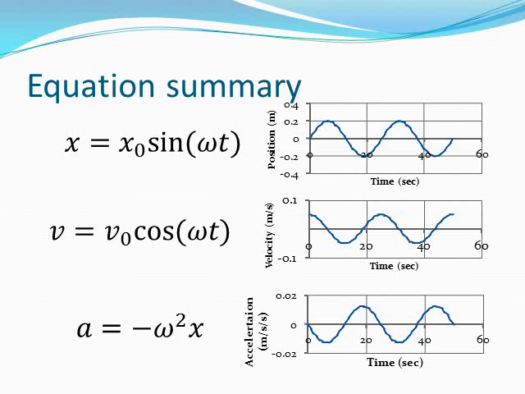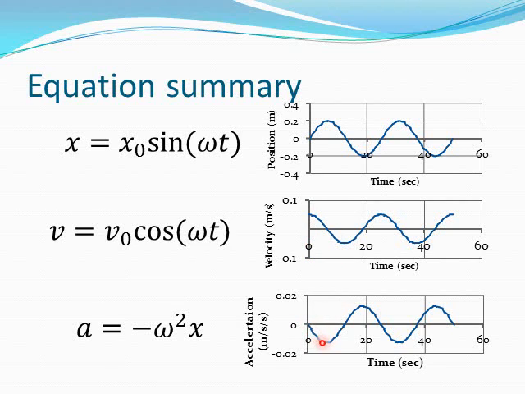All right, so let's quickly summarize the different equations we have so far. We have our position versus time graph, which was a sine graph. The velocity versus time graph, because it starts off at its maximum slope, this is maximum velocity, and therefore is a cosine function. And then the acceleration, we can see it's flat at first, right? So zero slope of velocity, that means zero acceleration, and then goes negative.